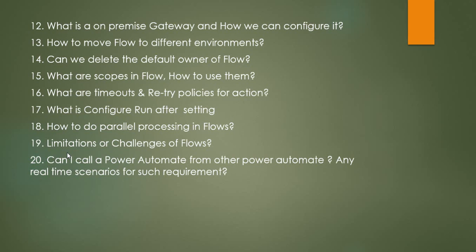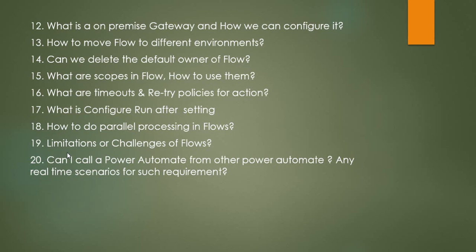Going to question number 15, what are scopes in a flow and how to use them? It's possibly an interesting question, because if you are new to flows, then you might not be aware of scopes. Scopes provide us a way to bind all the actions within one box. If you have a coding background, then you must be aware that we used to handle exceptions or do error handling using try and catch blocks.